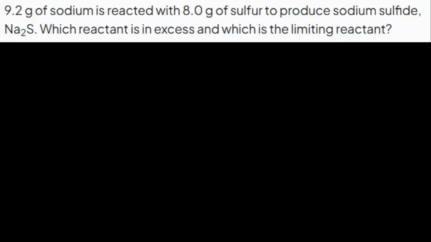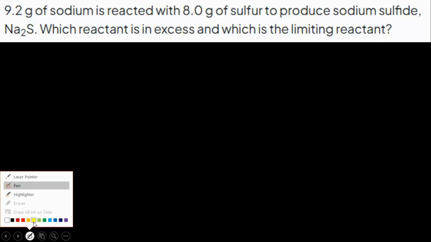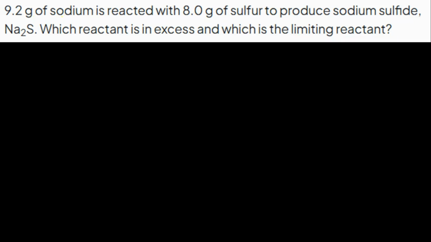Let's do an exam style question here. We have 9.2 grams of sodium, which is reacted with 8 grams of sulfur to produce sodium sulfide. Find which one is the limiting reactant and which one is the excess reactant. So first you have to write a complete balanced equation. Sodium plus sulfur gives sodium sulfide.